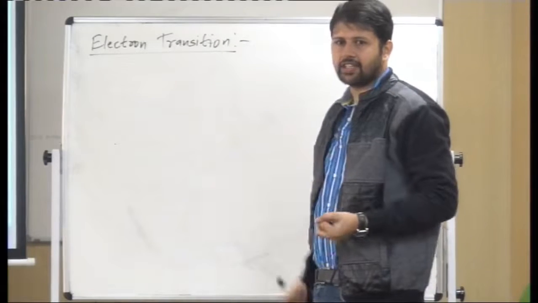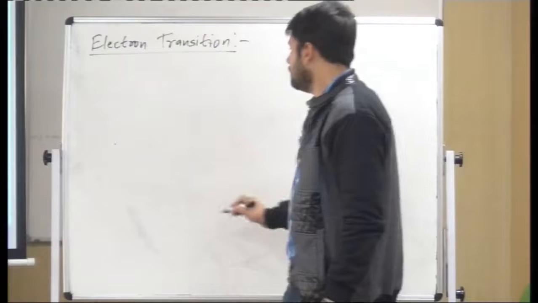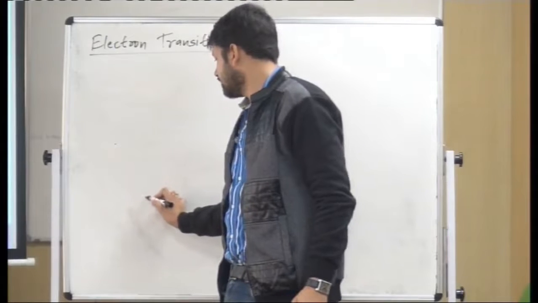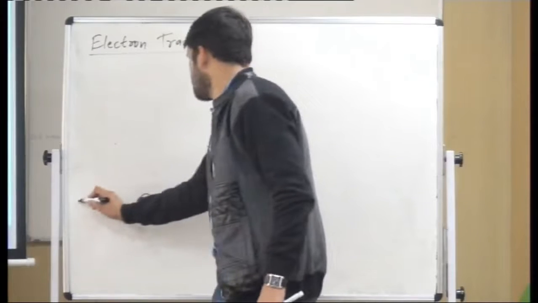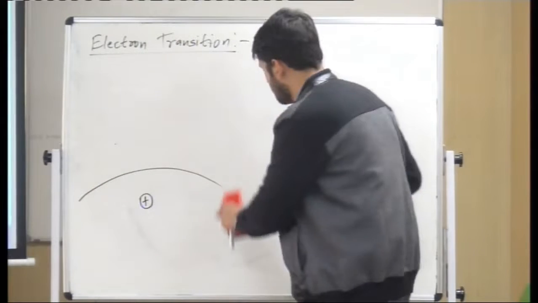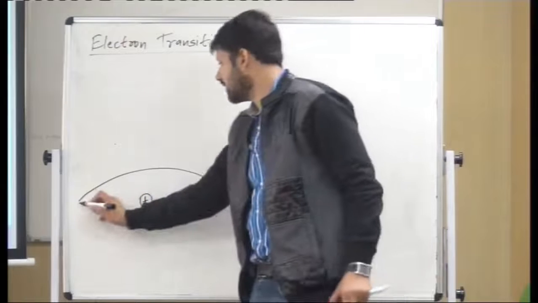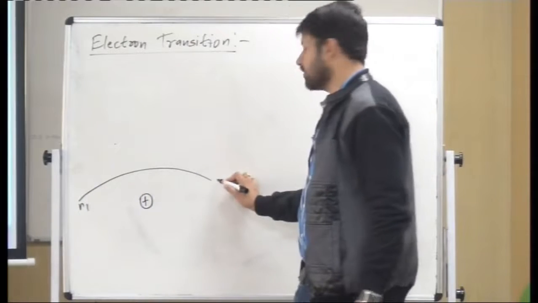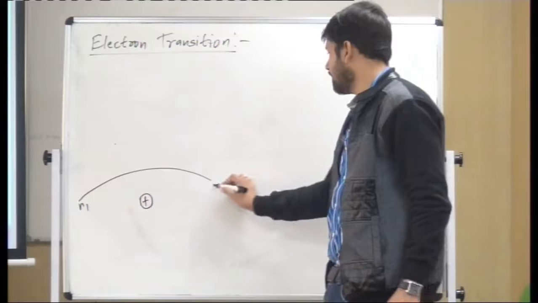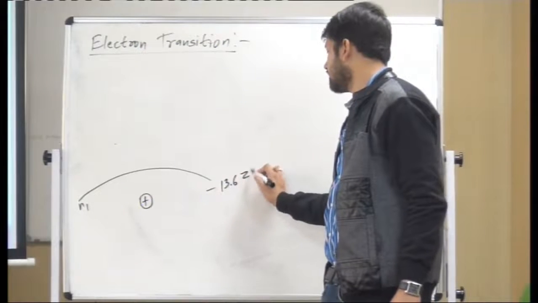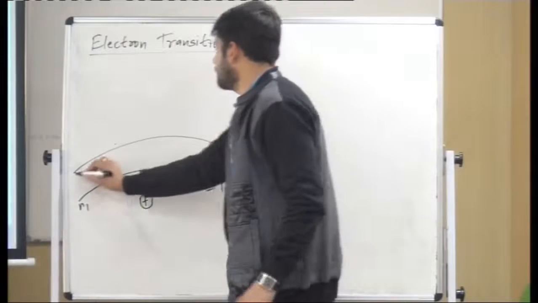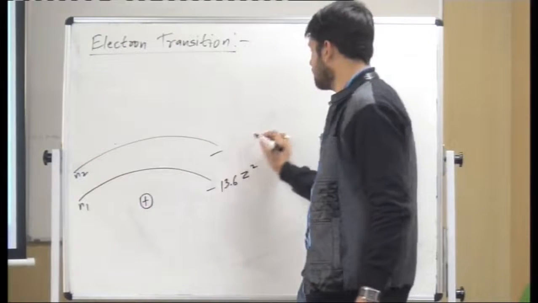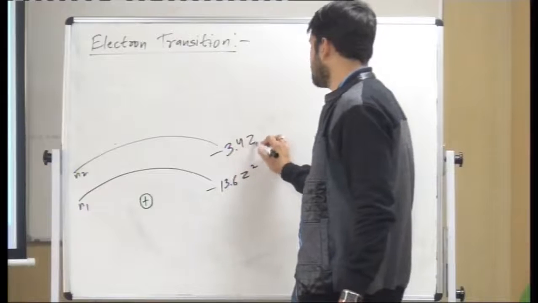One more thing, let's just write the values for different nuclei. This is n1. The energy for this would be minus 13.6 Z square. For n2, minus 3.4 Z square.